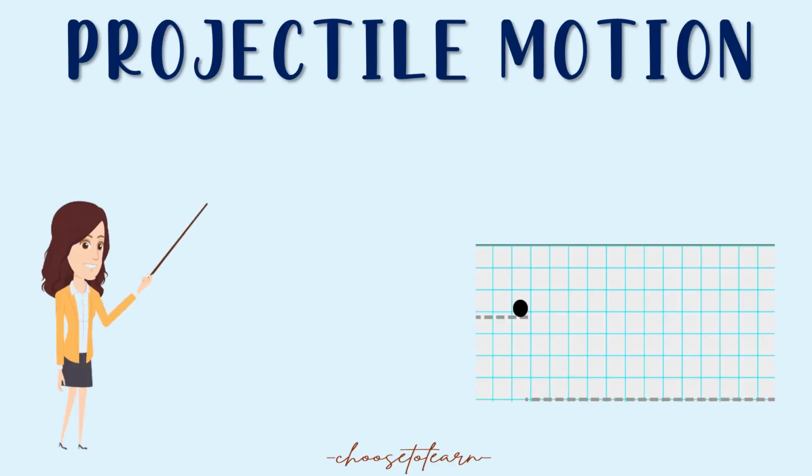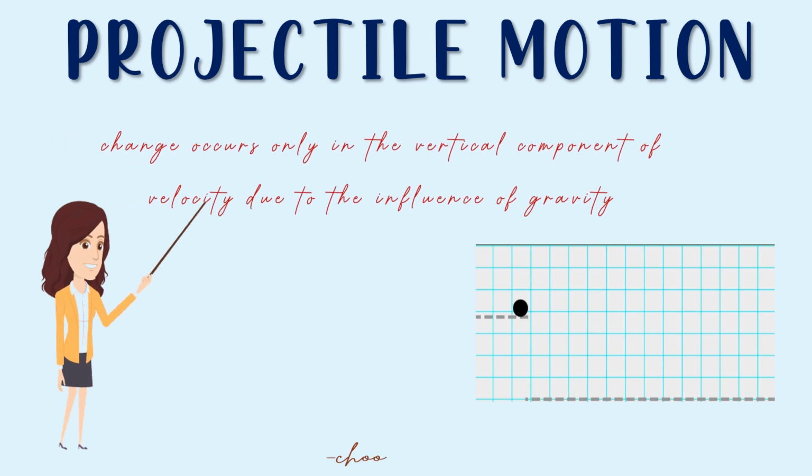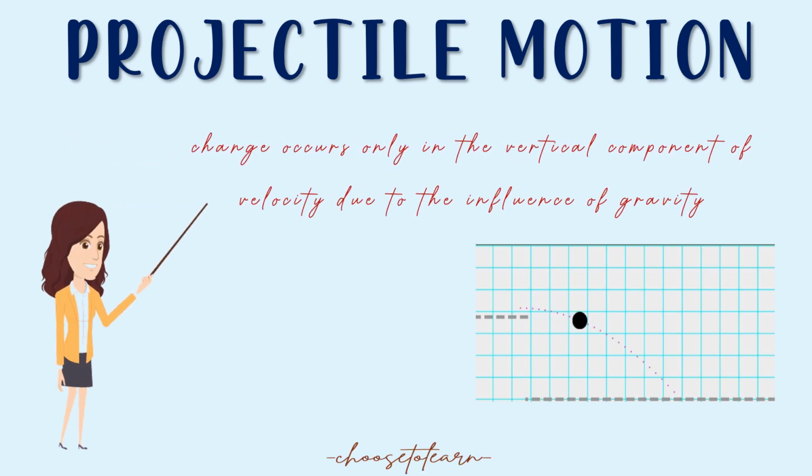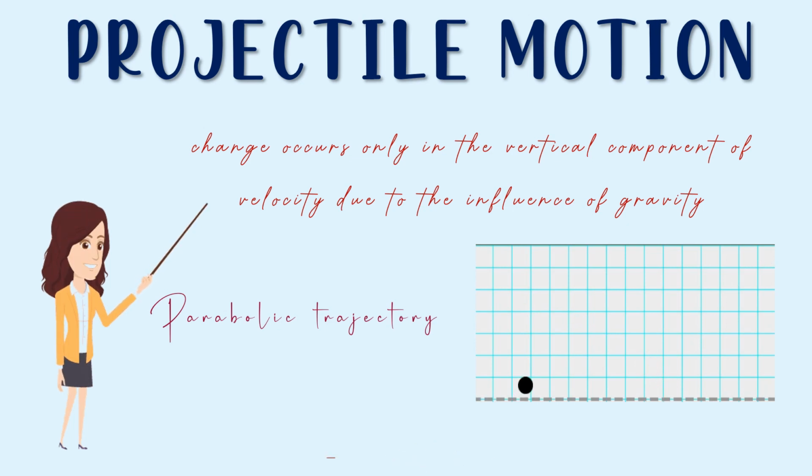So again, throughout the motion of a projectile, change occurs only in the vertical component of velocity. It is due to the fact that it is influenced only by gravity. And the result of combined motions in the horizontal and vertical component is the parabolic trajectory.